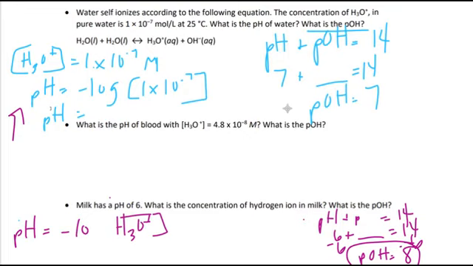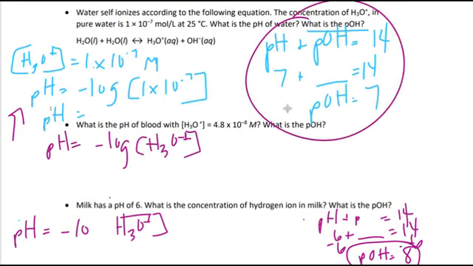So if I know the pH, I need to work backwards, similar to what we've done before to find something from an equation.